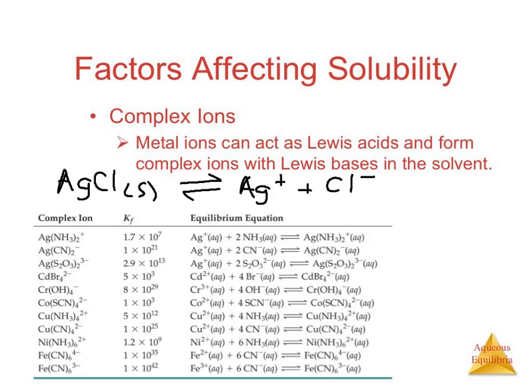Again, the book presents this a little differently. I think the easiest way to think about this, let's say you put this into a solution with some concentrated ammonia. So there's a lot of ammonia in there. Usually it's got to be concentrated in order for the complex ion to really significantly form. So you dump a bunch of NH3 into this solution.